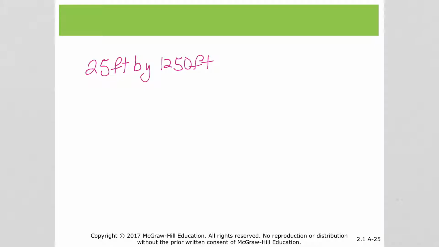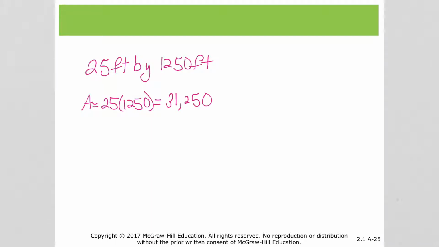Okay, so it says find the area of each individual corral though. So the area will be 25 times 1250. That'll be all 4 of them together. That is 31,250.